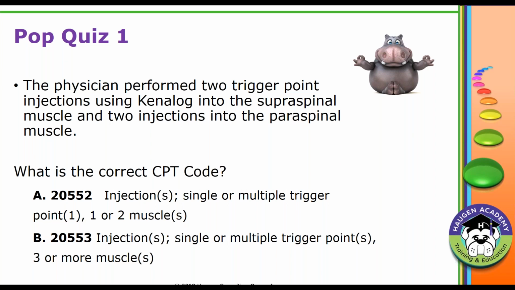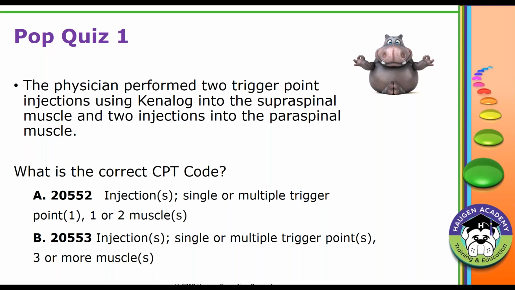Okay, so this one, there were 2 trigger point injections done, and they did the supraspinal muscle, and then 2 injections into the paraspinal muscle. So the answer is 20552.